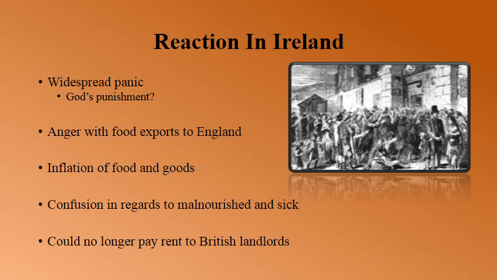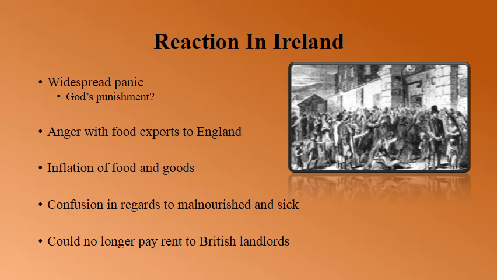And then there was confusion in regards to the malnourished and sick. No one had really seen as much illness or the illnesses that were going around Ireland. And the doctors did not have the training or medical technology to deal with all the people, and there was a lot of death.